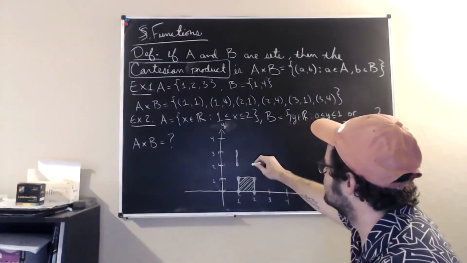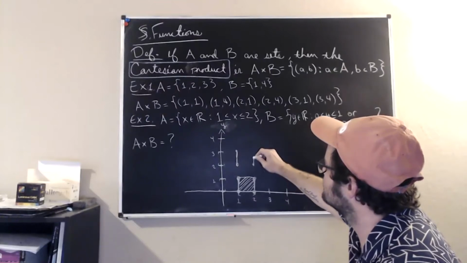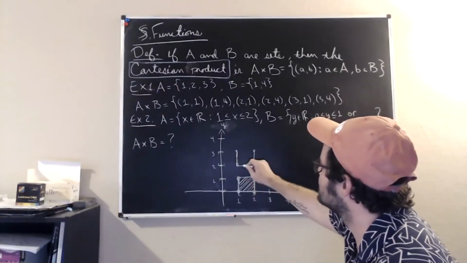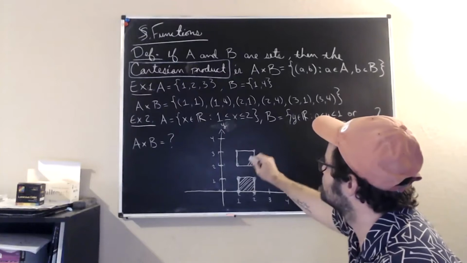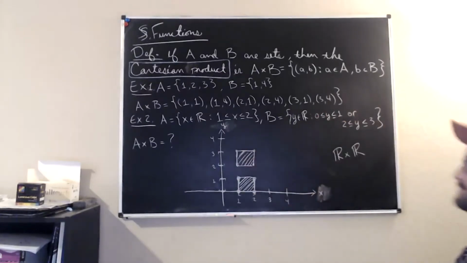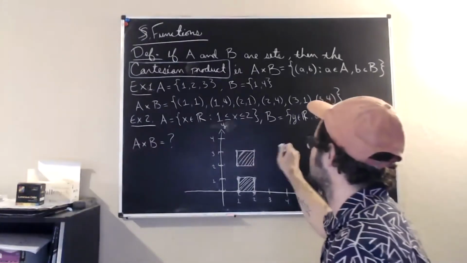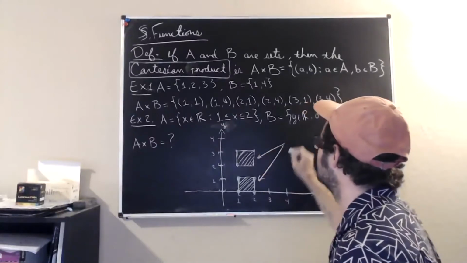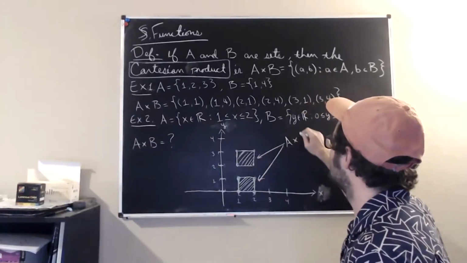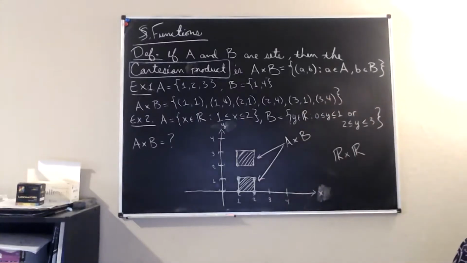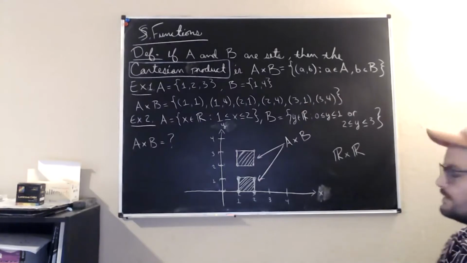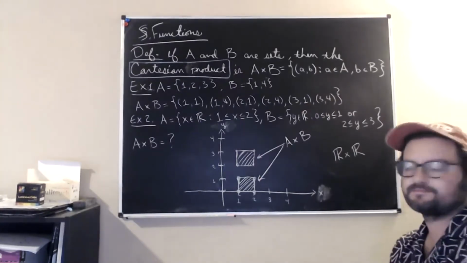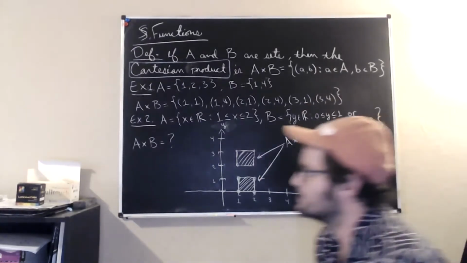And if you do that again, fixing x at 2, like that, and then, so this right here is A times B, or A Cartesian product B. Okay. Does that sort of make sense? Yes.